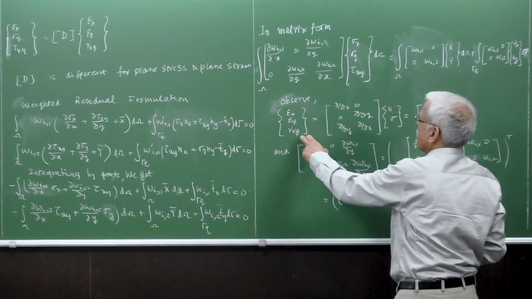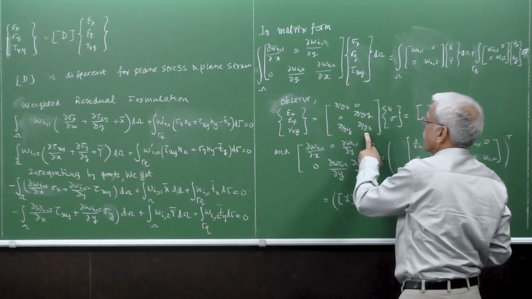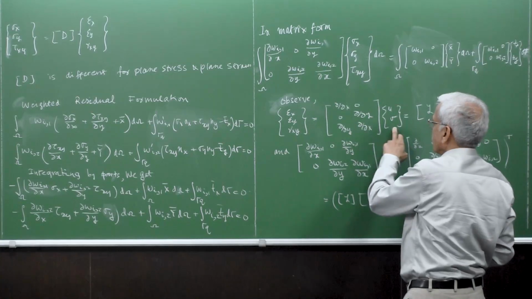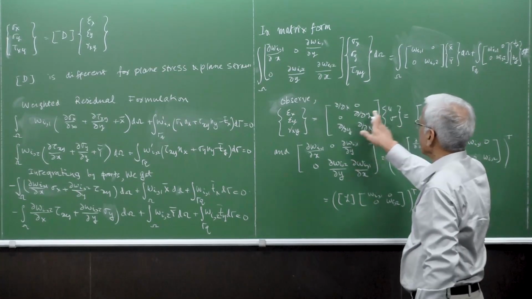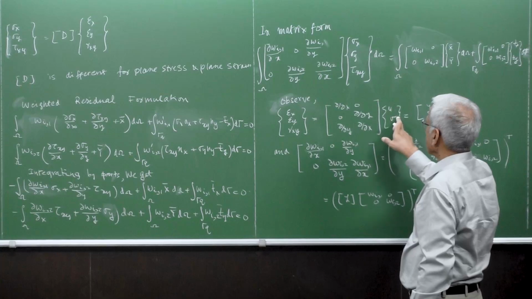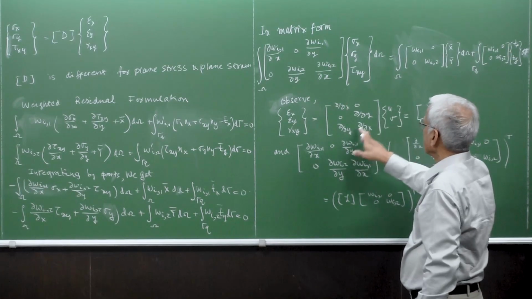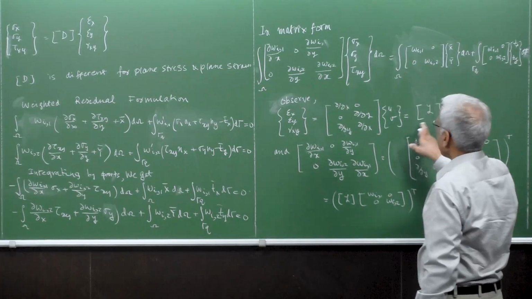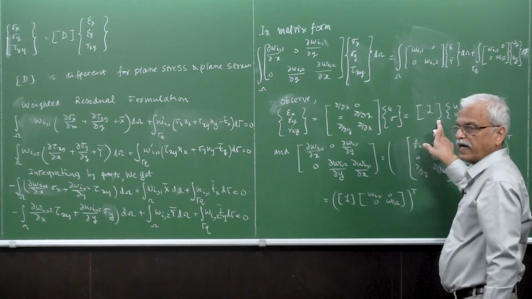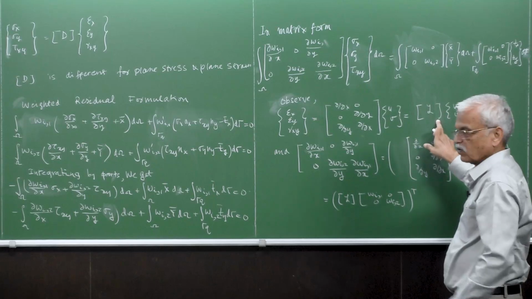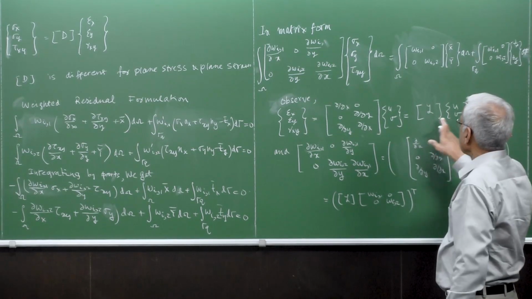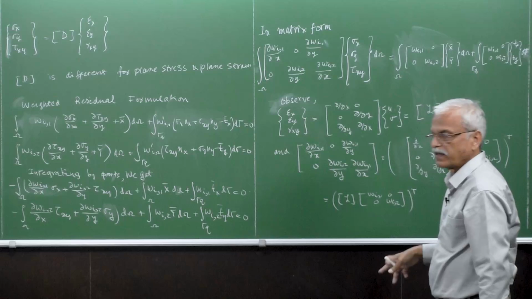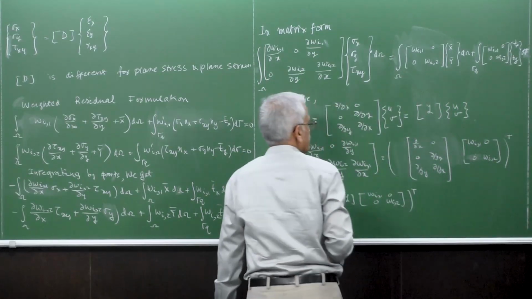Then we have the strains in terms of the derivatives of the displacements: epsilon x is dou u by dou x, epsilon y is dou v by dou y, and gamma xy is dou u by dou y plus dou v by dou x. This is what we identify as an operator L, simply a 3 by 2 operator, which has meaning only when you operate it on the displacements u, v.